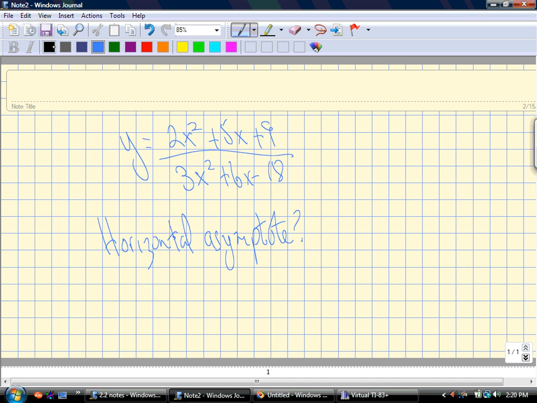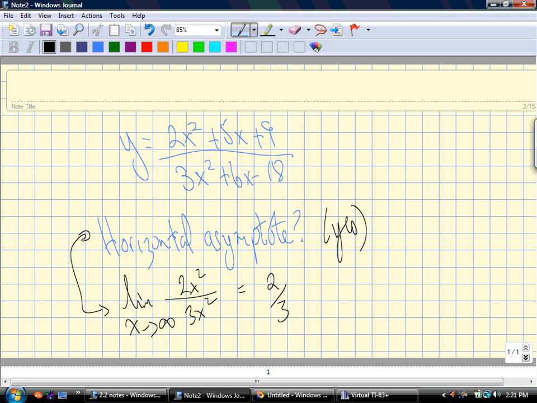Yes? Okay, Matt, how do you know? What's the highest power term on the top? 2x squared. What's the highest power term on the bottom? 3x squared. What happens to the x squared? So you're left with 2/3. That's what I want to see for work. Is there a horizontal asymptote? Yes, there is. And it's y equals 2/3.